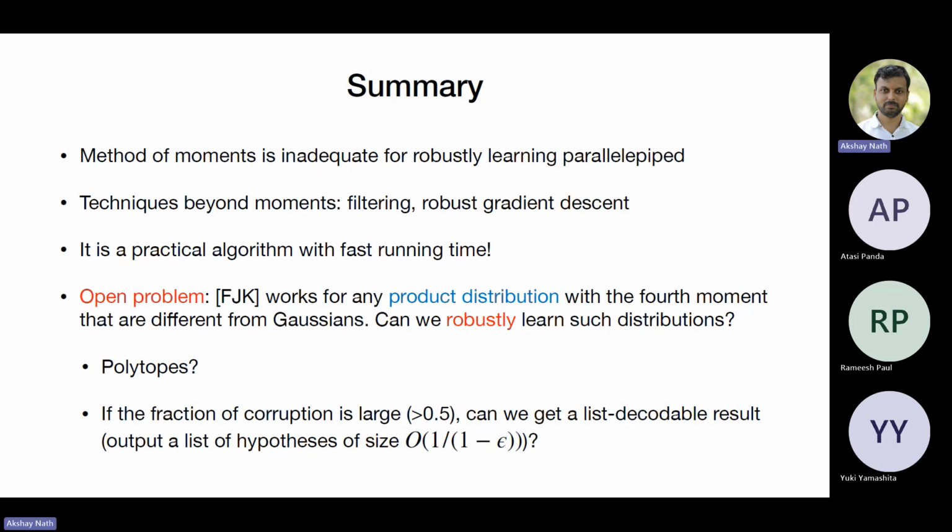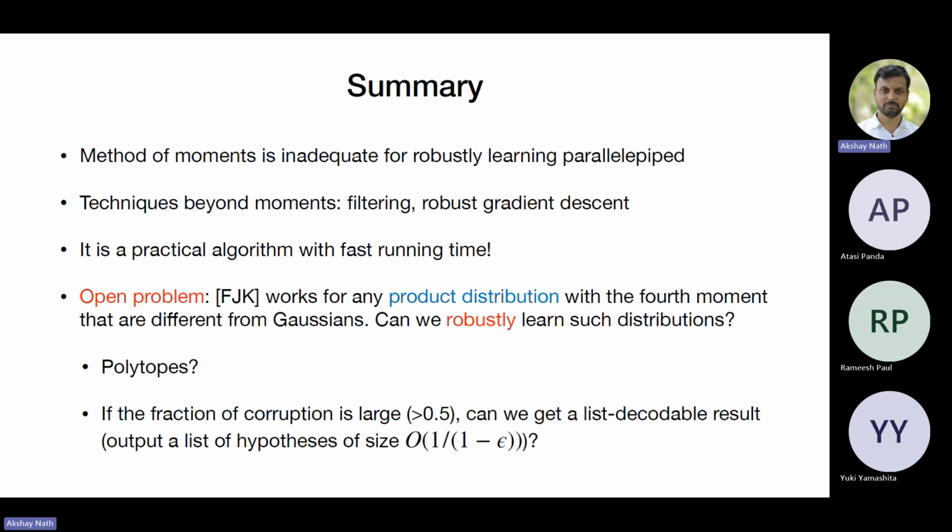And the other direction is what we call list-decodable learning. It's still robust learning, but a very different setting. In our setting, we assume the fraction of noise is really small, a small constant, usually less than 0.5. But now if we are told that the fraction is large, and half the points are corrupted by noise, then how can we do learning?